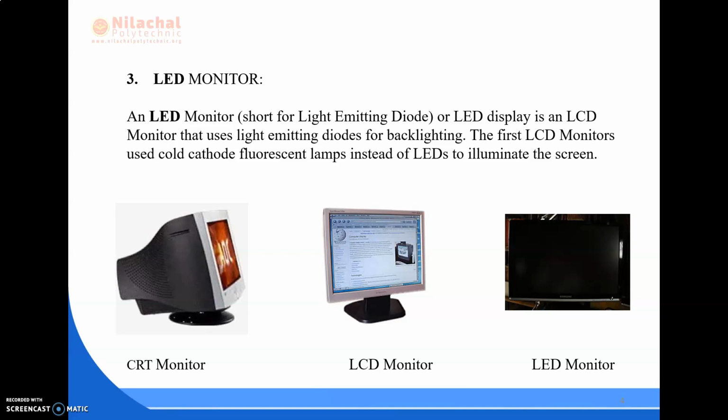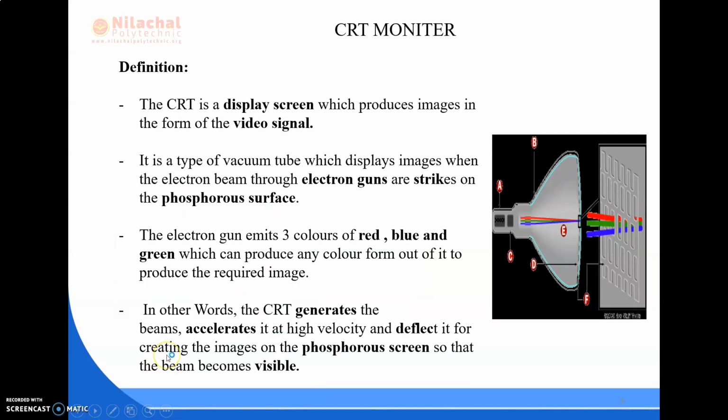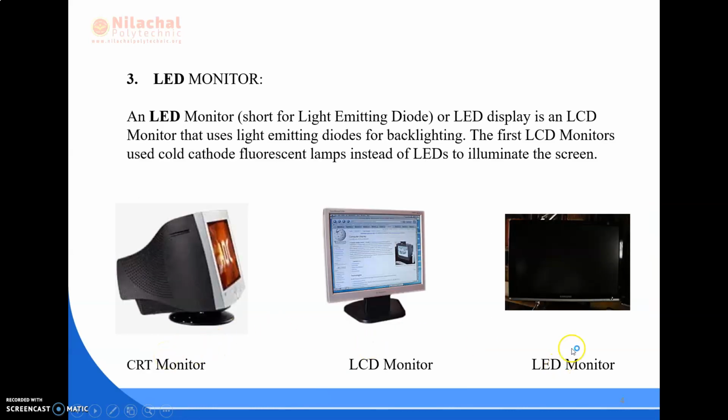So here in the diagram you can see the bigger size of display or system is the CRT monitor, whereas the thinner monitors are known as LCD and LED monitors.